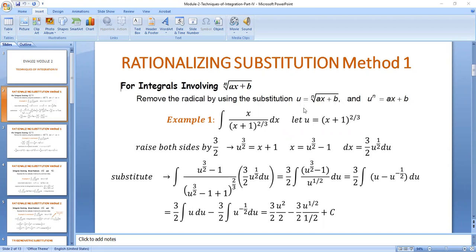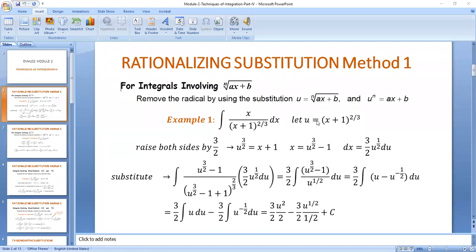Then, to eliminate the nth root expression, we need to raise the whole equation to the nth power. That way, we take away the 1 over n in your ax plus b. So now on the left side you will have u raised to n, and on the right side you have ax plus b. So you eliminate the nth root expression.